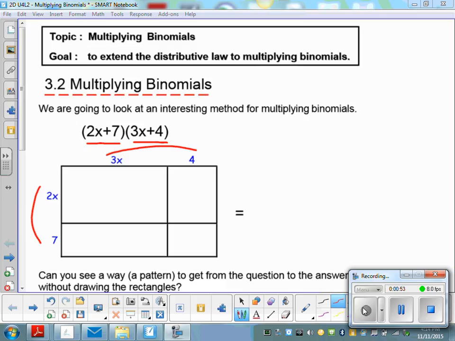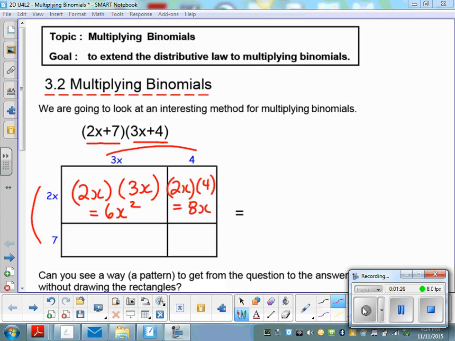But if I break it down into pieces and I find the area of each piece, so if I find the area of the top rectangle here, that's going to be 2x times 3x, and that's going to give me 6x squared. If I find the area of the top right rectangle, that's going to be 2x times 4, that's going to give me 8x.